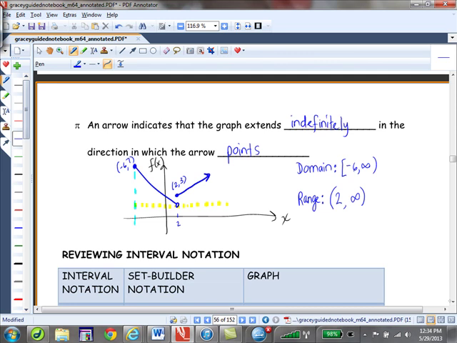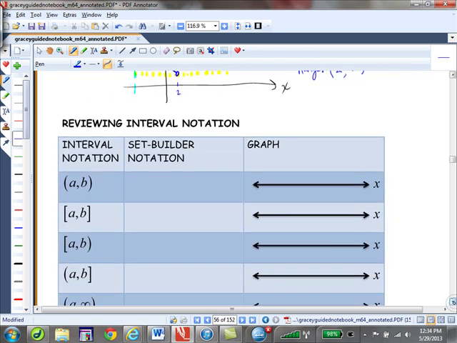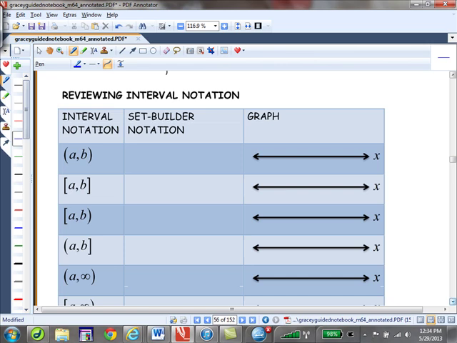So you may need a review of these concepts. So I went ahead and thought we could review them. We have made the assumption that we are in the real numbers. So the set builder notation is a little bit abbreviated. We are not identifying what number system we're in because we have the assumption we're in the real numbers. So here we go. If you have the open interval from A to B, your graph on that, if it was just along the x, is often denoted like this.